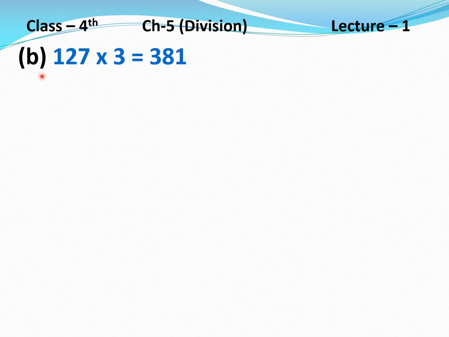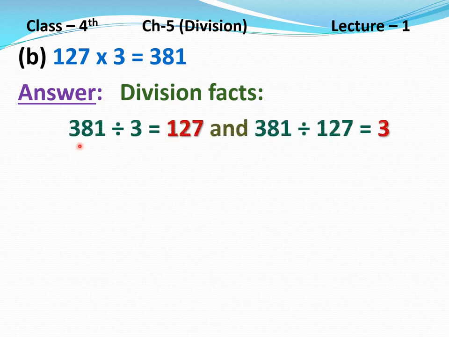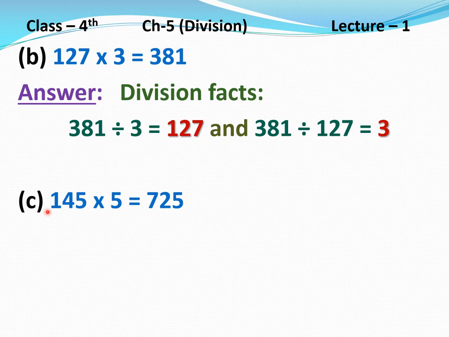Now B part, 127 multiply 3 equal to 381. Answer, division facts for 127 multiply 3 equal to 381 are 381 divide 3 equal to 127 and 381 divide 127 equal to 3. Okay. Now C part, 145 multiply 5 equal to 725.